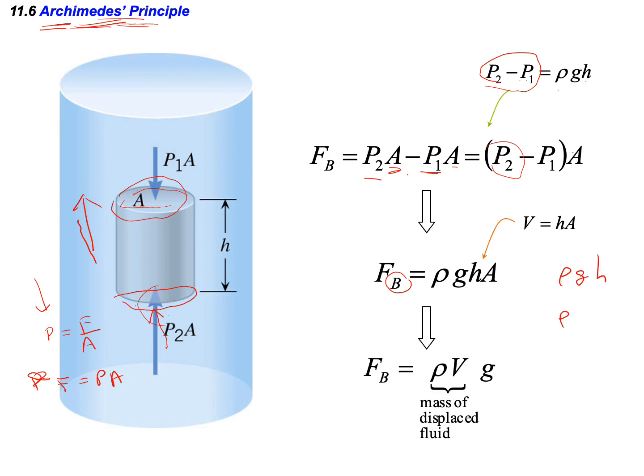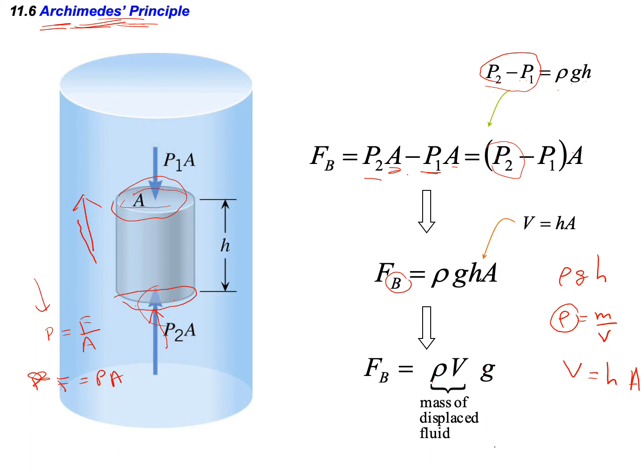Rho is density, and density is mass over volume, so instead of rho, I can write M over V. We also know that volume V is equal to height times cross-section, hA. Once you do that, you will have rho V g.